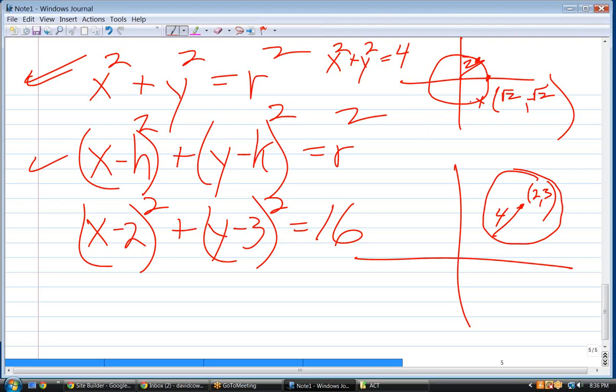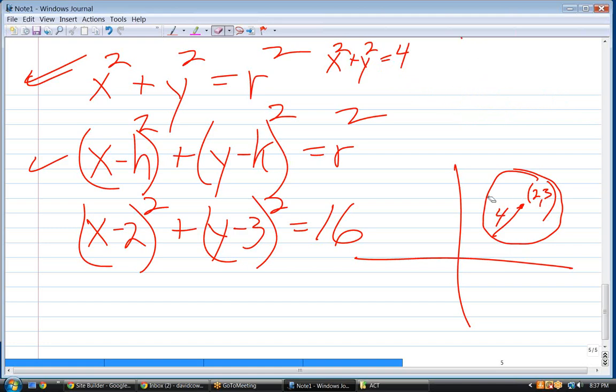So if a point is not on the circle, it is not going to satisfy that equation. And they will maybe give you a question that says something to the effect of which of the following points are on the circle. Well, you have to plug in all the points they give you into the equation of that circle and see if each one of them still leaves an equation.